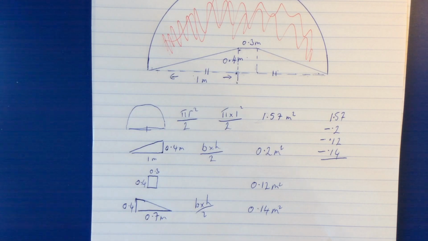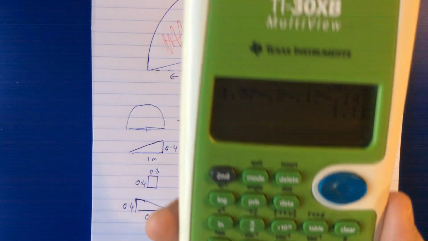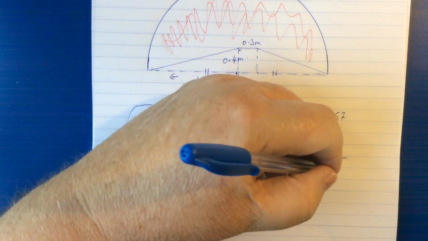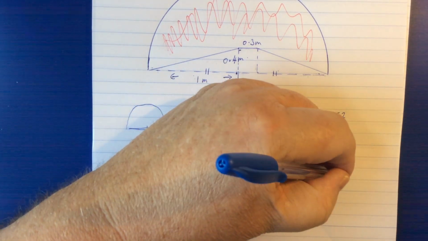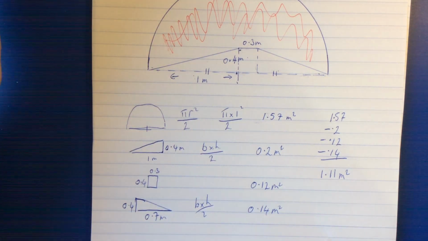So this is the calculation, and I'll just do it on the calculator and show you. Okay, so there it is, all set up on the calculator. Push the button, and the answer is 1.11 meters squared. And that is how you deal with a complex shape like this.